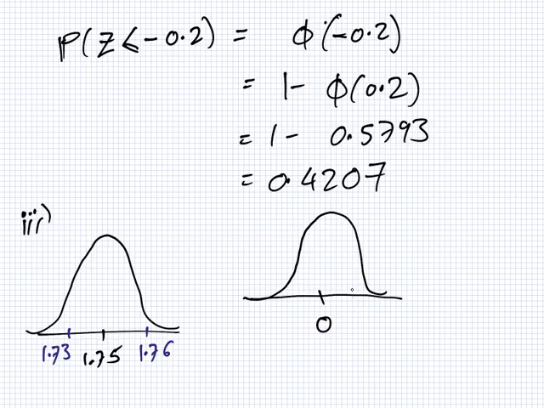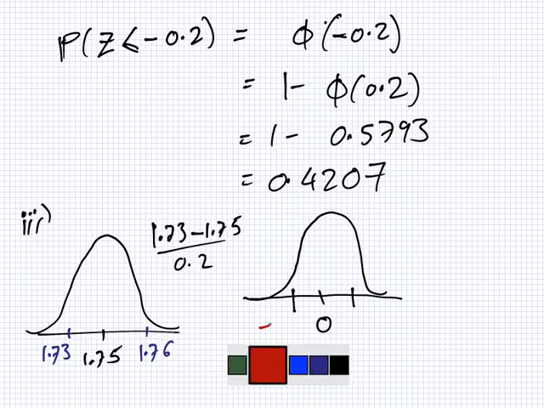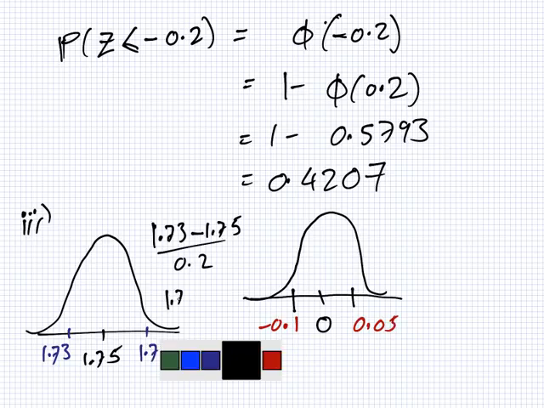This one here is, and this one here is, did anyone work it out? The first one is 1.73 minus 1.75 over 0.2, which is minus 0.1, okay? And this one is 0.05. So that one was 1.76 minus 1.75 over 0.2.